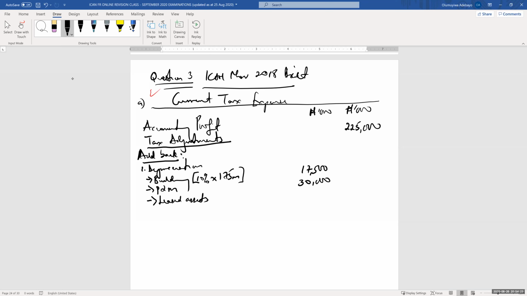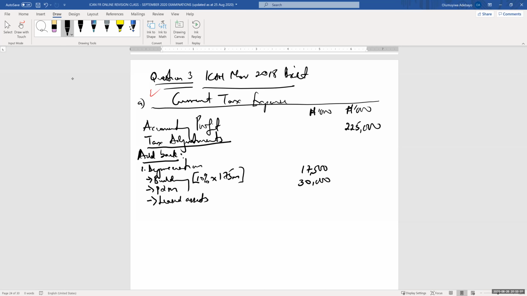The annual lease rental is 72 million and was paid on 31st December 2017. The depreciation policy for lease asset is 20% on a straight line, while annual finance charge is 36,667,000 naira. Therefore, the question then is, what is the depreciation charge for the lease assets?